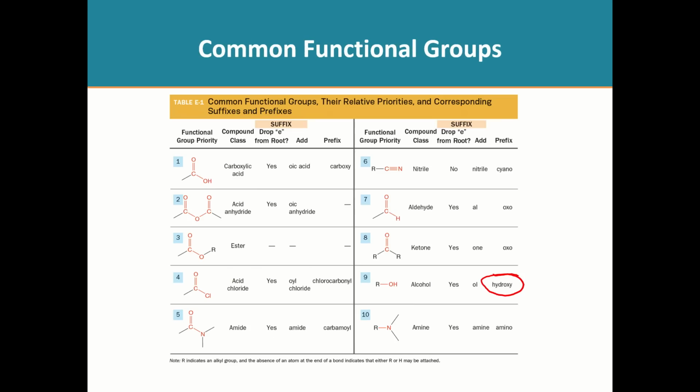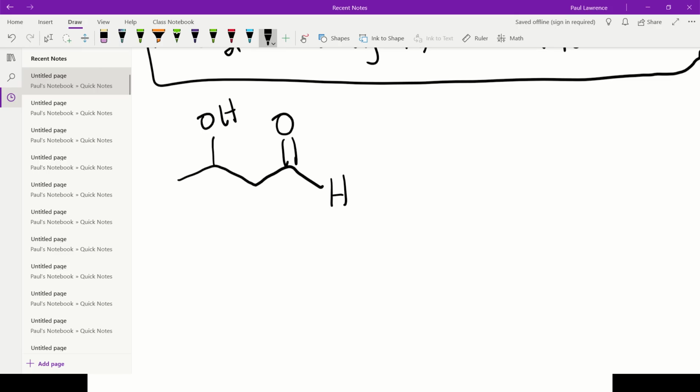Well, if we look at the table, we see an aldehyde is above an alcohol, so that takes priority. So that means our suffix has to be an -al. The root would have to be 1, 2, 3, 4, so we have butane.